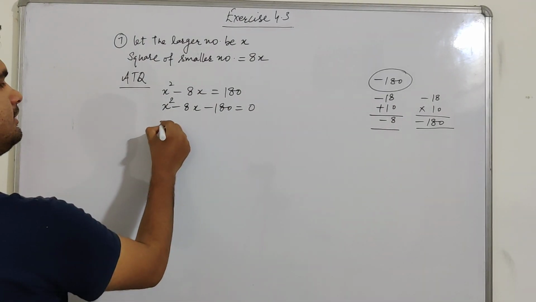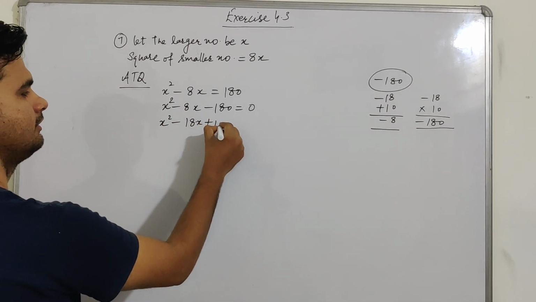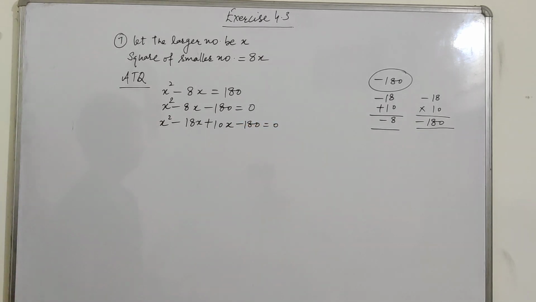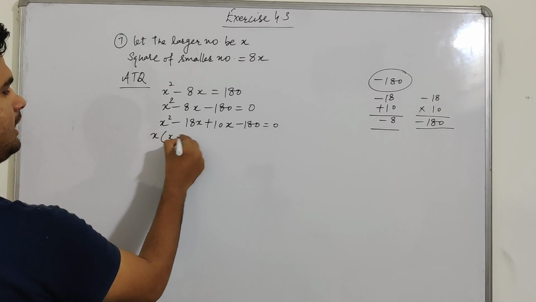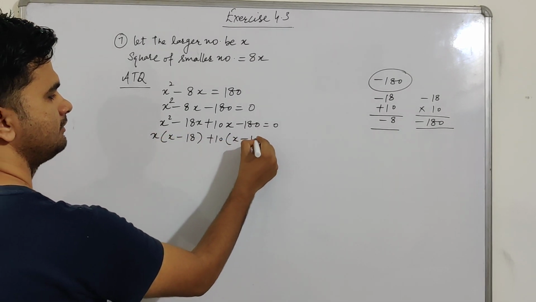So we can split this middle term by writing it as x square minus 18x plus 10x minus 180 is equal to 0. Now common between the first two terms is x. Here common between the last two terms is 10.